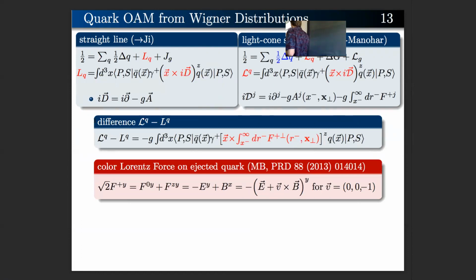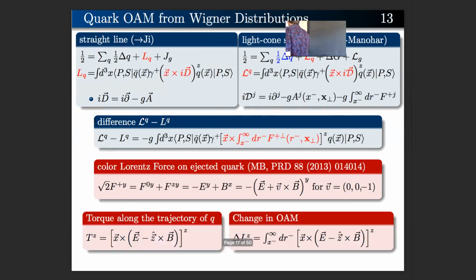So what this difference represents is the torque that acts on the active quark in a DIS experiment as it escapes to light front infinity. It's integrated along the trajectory of the quark, and for a relativistic particle, time is position. So that integral is equal to the change in orbital angular momentum due to that torque.